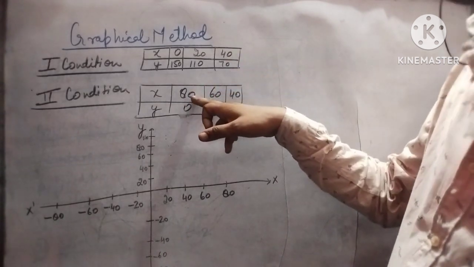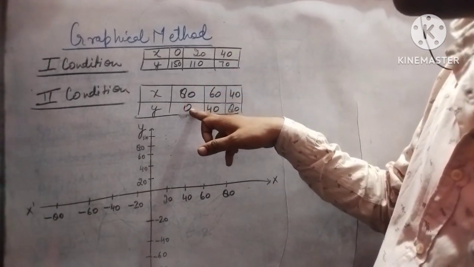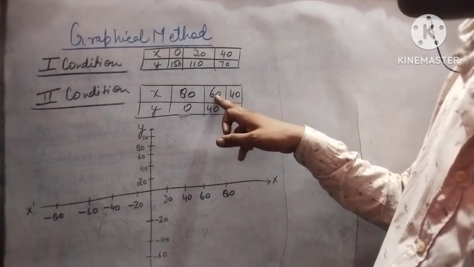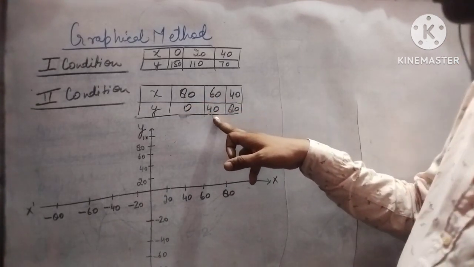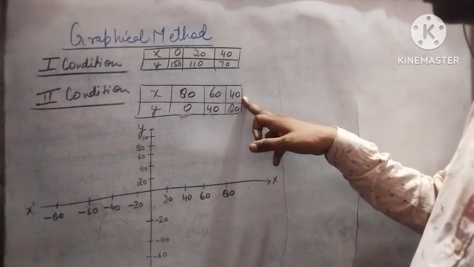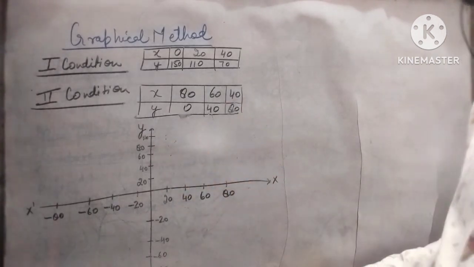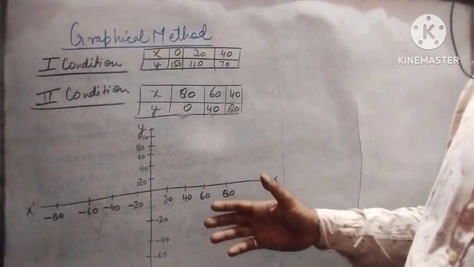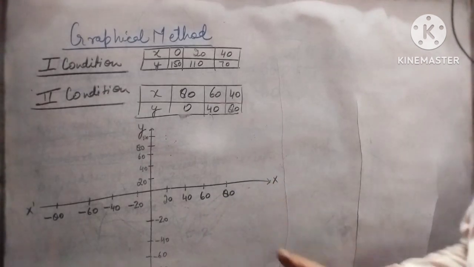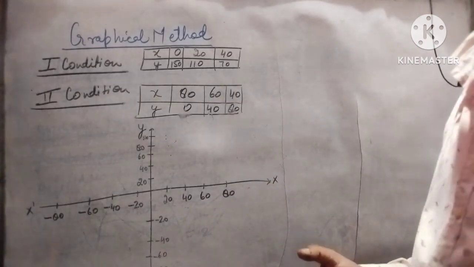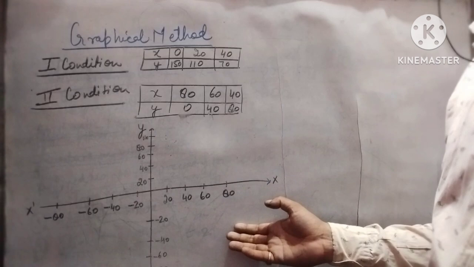For the second condition, for x equals 80 we have got y as 0, for x equals 60 we have got y as 40, then for x 40 we have got y 80. So I have taken a rough graph to explain how we are going to plot these points, which I think all the students have earlier known how to plot.